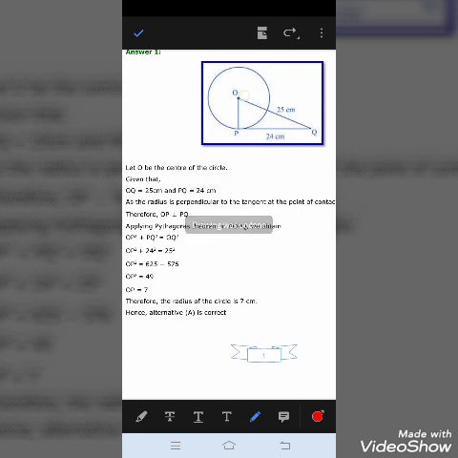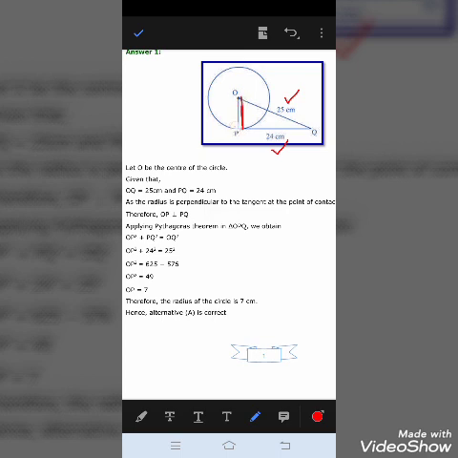Of course, this is the center of the circle. Given that OQ is 25 centimeter and PQ is 24 centimeter.